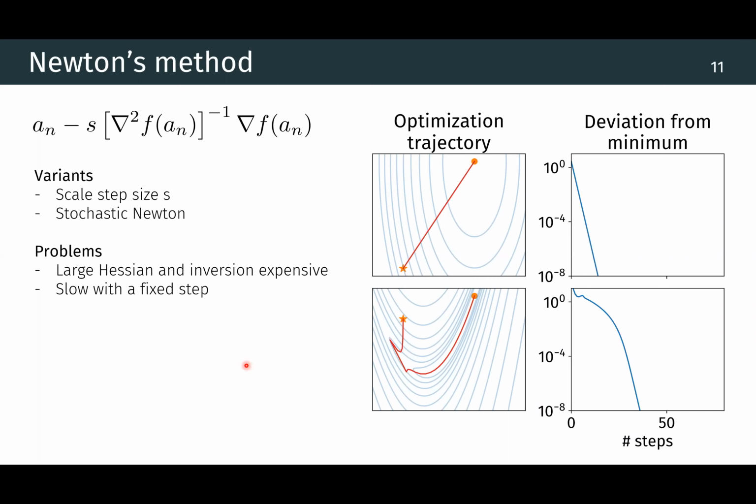And what you see on the right, so this is the actual optimization path, this red line, going from start to finish. And this is the deviation from the minimum that you get from this approach. So you see in this case, this goes just directly towards the minimum. So within a few steps, it systematically improves.